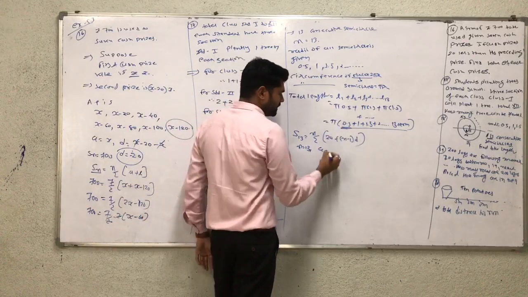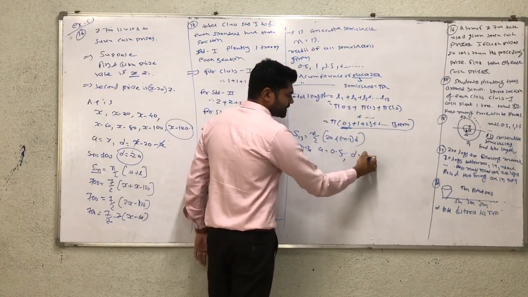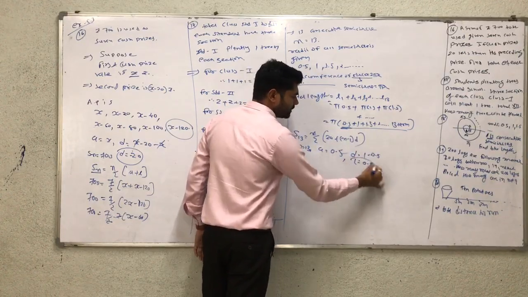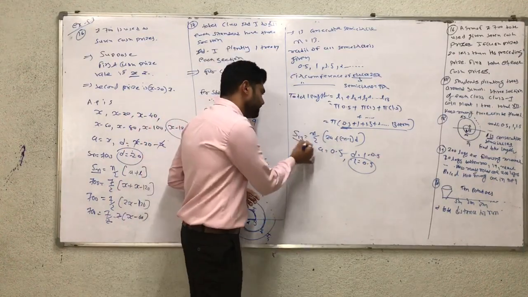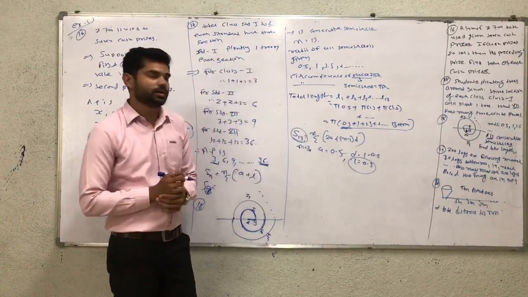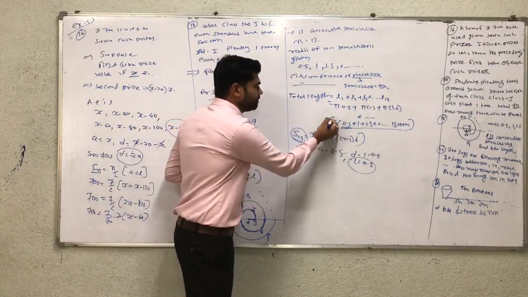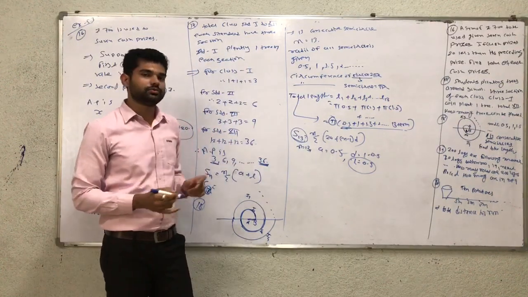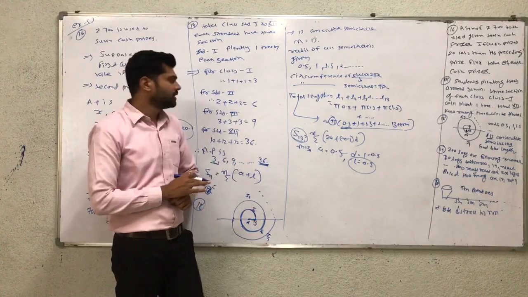Our first term is 0.5 and the value of d is equal to 1 minus 0.5, so the answer is 0.5. Put all the values in this equation and find the sum of 13 terms. The sum of 13 terms multiplied by pi is our total length of wire for 13 semicircles.